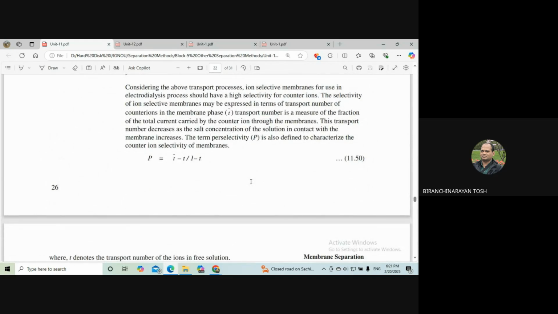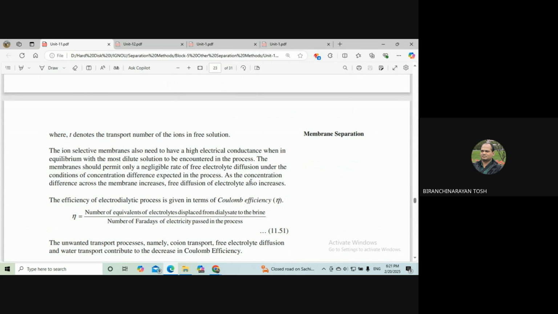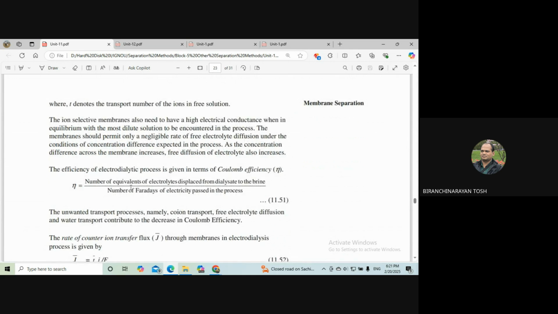Then if you see the efficiency, the efficiency of the electrodialytic process is given in terms of Coulomb efficiency eta, that is the number of equivalents of electrolytes displaced from dialysate to the brine divided by the number of faradays of electricity passed in the process.